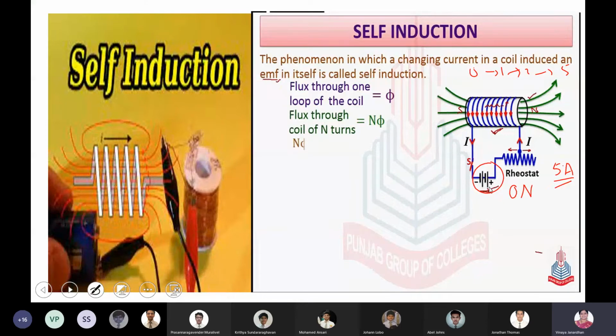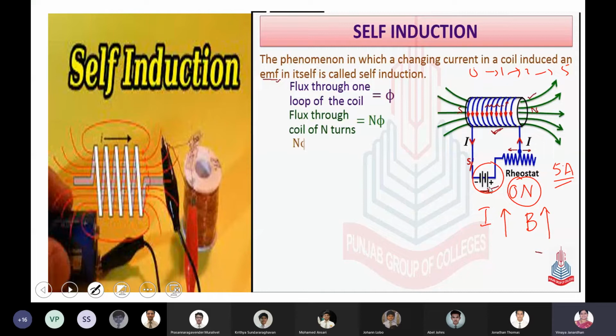So the moment you switch on a circuit, the current flowing through the coil is going to increase from 0 ampere to 1 ampere to 2 and finally it reaches a steady state. Till then the current is going to increase. Now when the current increases, we very well know a current carrying conductor will produce a magnetic field. If the current itself is increasing, the magnetic field it produces will also increase.